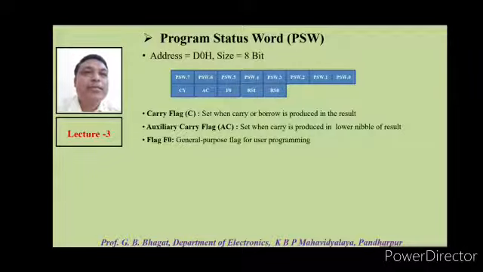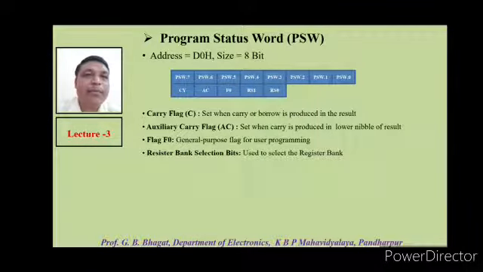The next, there are two bits RS1 and RS0. These two bits are used for register bank selection. As per the table given below, these banks will be selected. If RS1 and RS0 both are 0, then register bank 0 will be selected. Then if RS1 is 0 and RS0 is 1, then bank 1 will be selected.